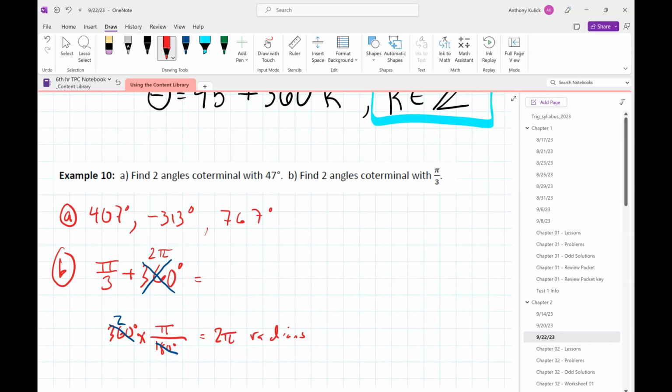What would the common denominator be between pi over 3 and 2 pi? 3. So I'm going to multiply 2 pi by 3 over 3. So that's going to be pi over 3 plus 6 pi over 3. So when I add those fractions together, the common denominator is obviously 3. What's 1 pi plus 6 pi? 7 pi.